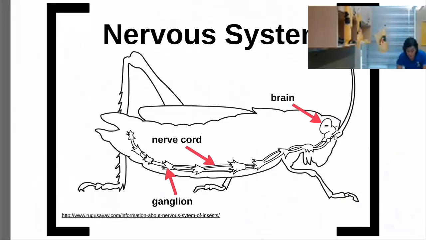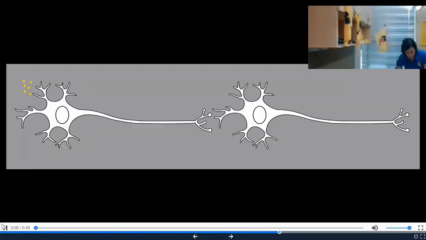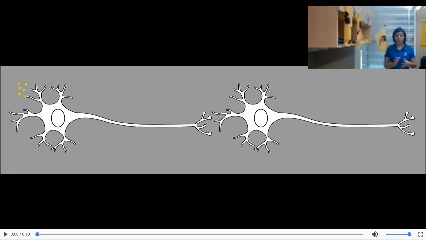So insects have a brain, a nerve cord, and ganglion, a combination of nervous cells here. And the insecticides, the pesticides, can do what? Speed up or slow down the nervous system. How?